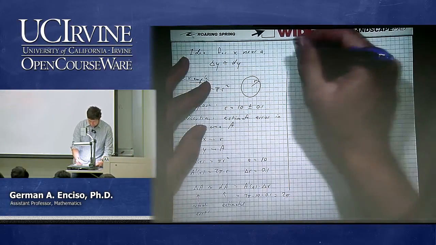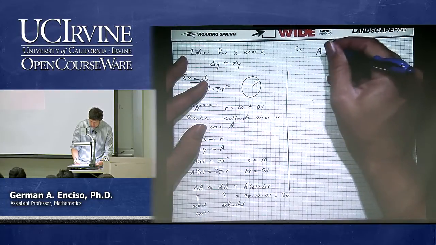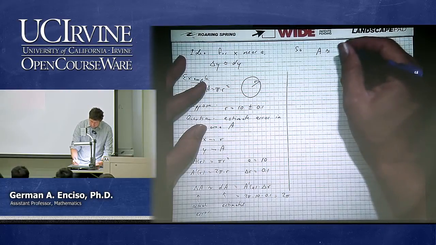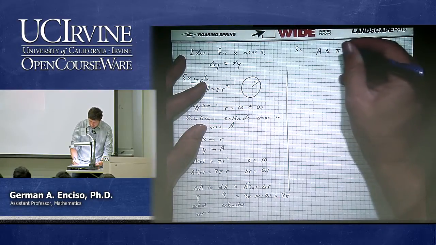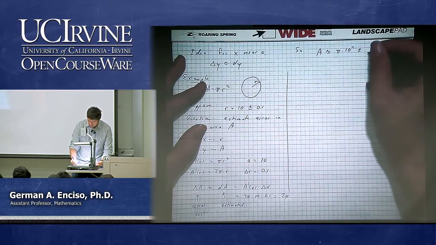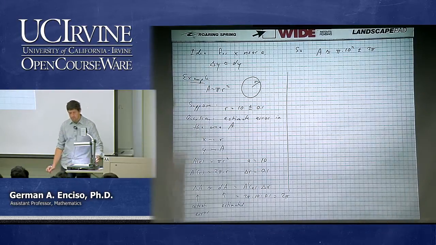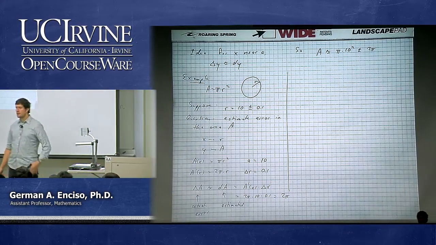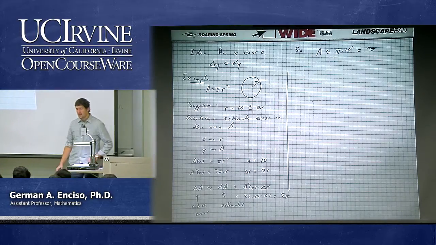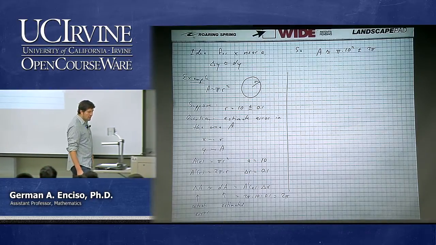That means that the area can be basically estimated as the original area, which is pi times 10 squared, plus or minus 2 pi. That's it. You can estimate the error in a function if you have an error bar for the independent variable.